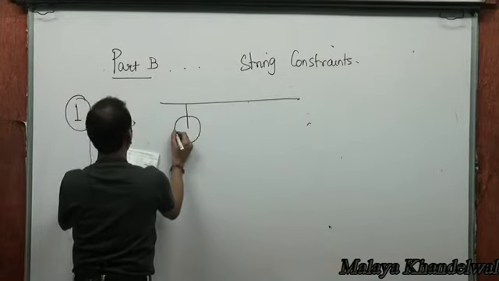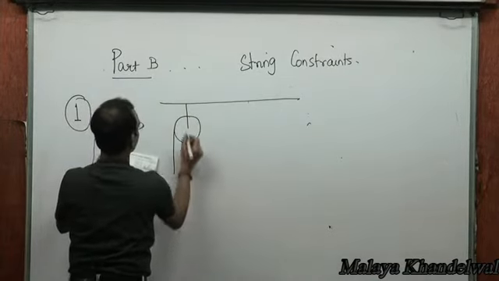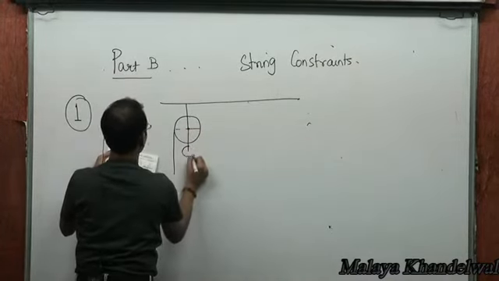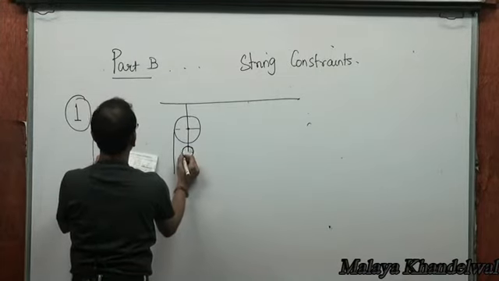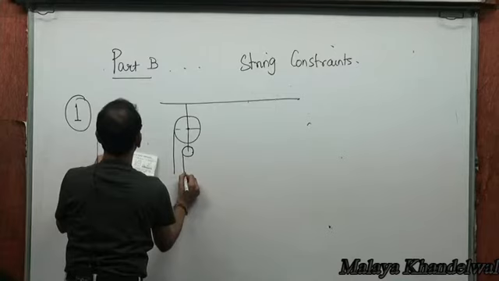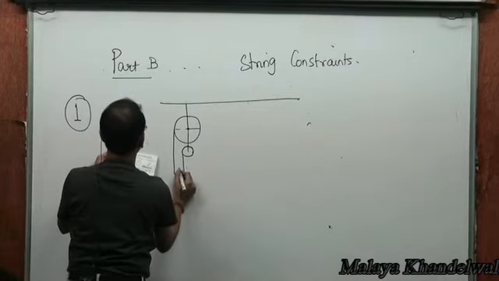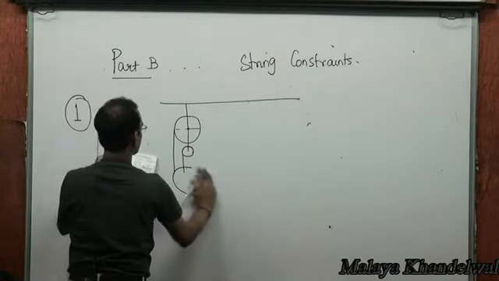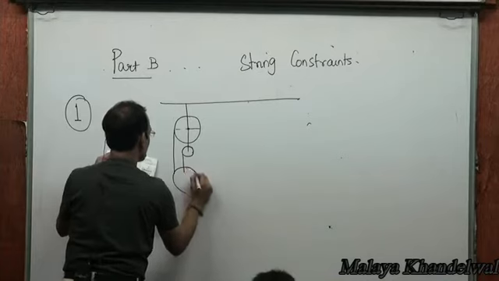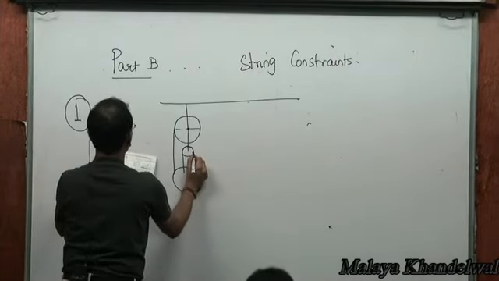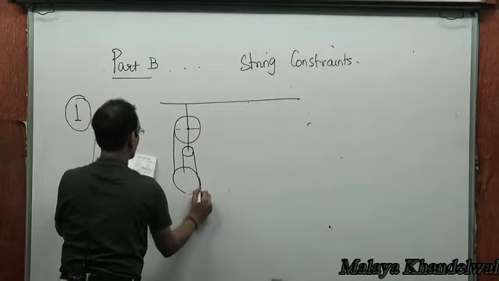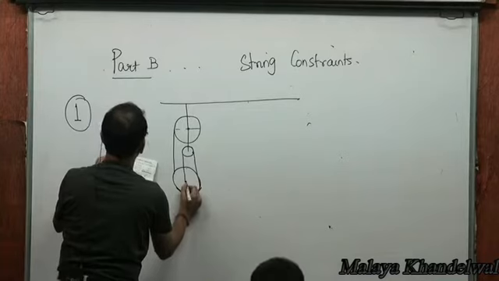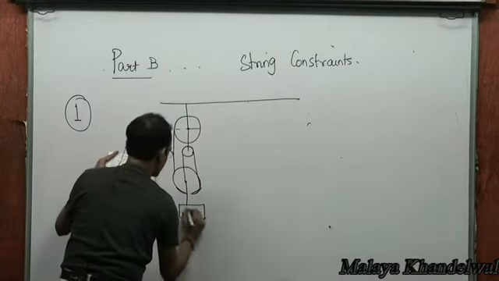Which is about a pulley like this. Another pulley like this. Pulley like this. There is a block B like this.